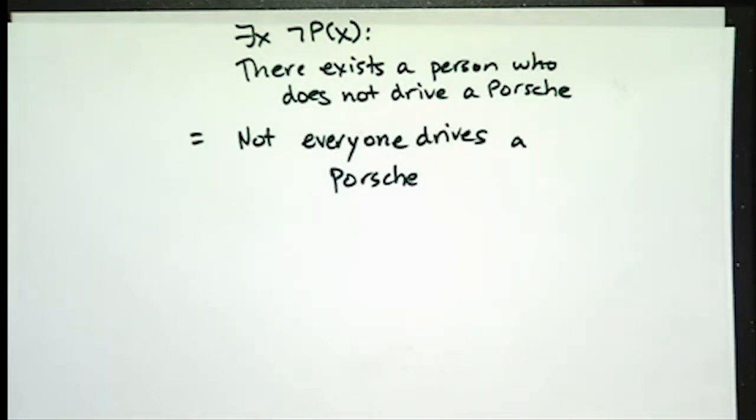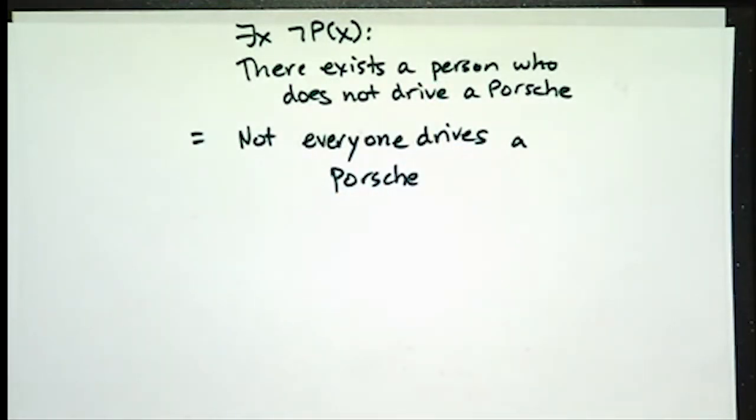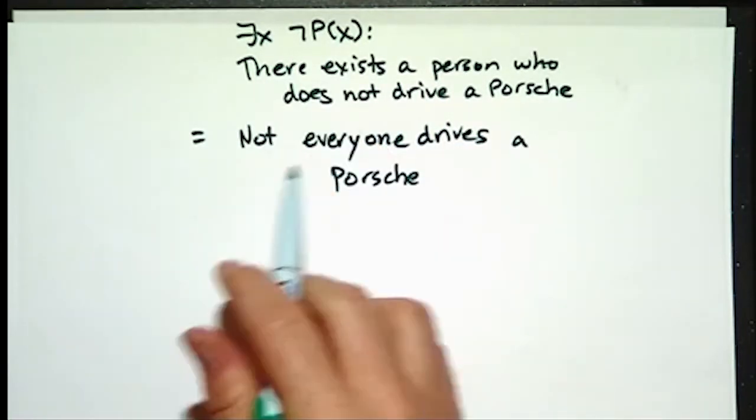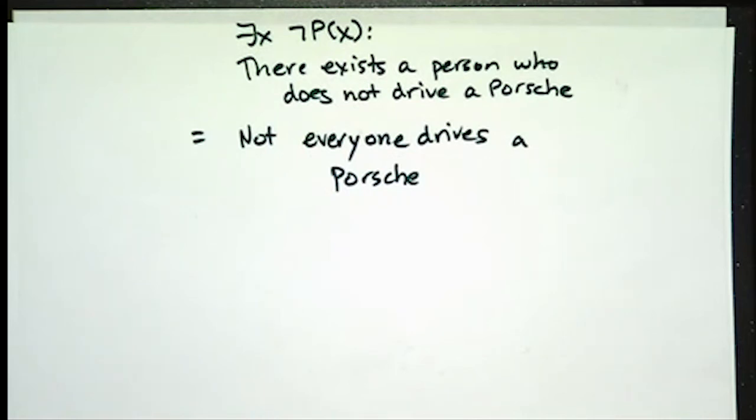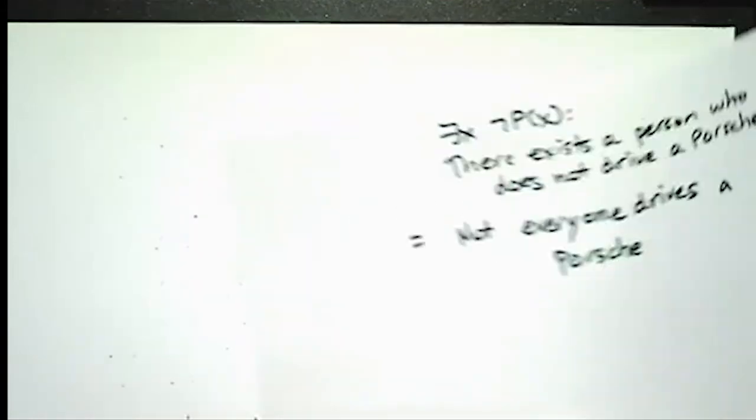So the opposite of there is a person is not every person. So the opposite of there is not every. Or not any. So there is a person who does not drive. So if there exists and they're not, then that's the same as not everyone. So we're going to look at that some more later. So I just want to introduce that into your brain, and then we're going to do some other math ones, and then we'll come back to the English.